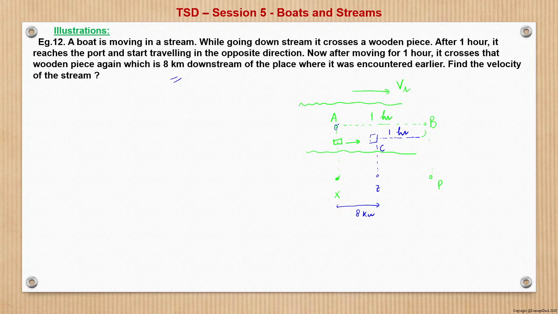So in that frame, the boat initially covers for 1 hour and reaches point B in the river, and from B again it will come back to the wooden piece, right? So in the initial 1 hour, the boat got separated from the wooden piece, so to cover that distance again, it will take 1 hour, right?